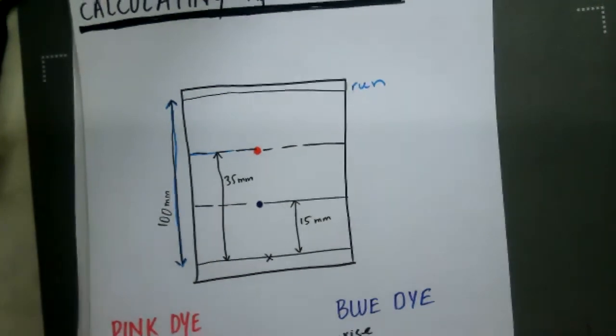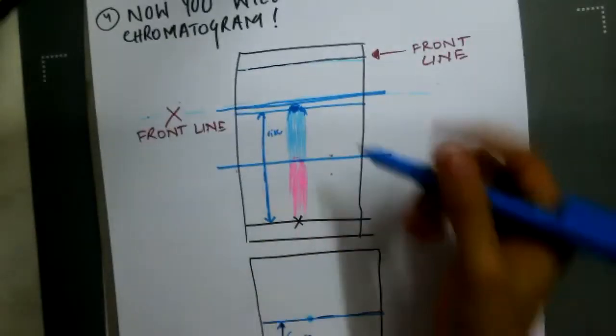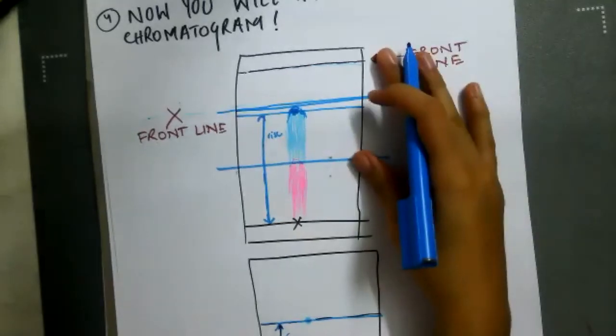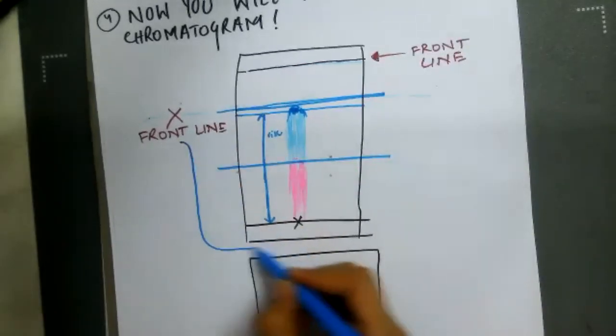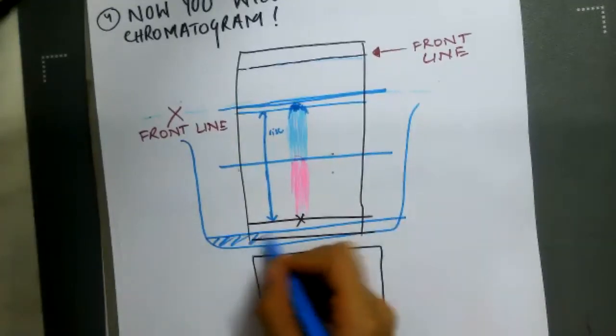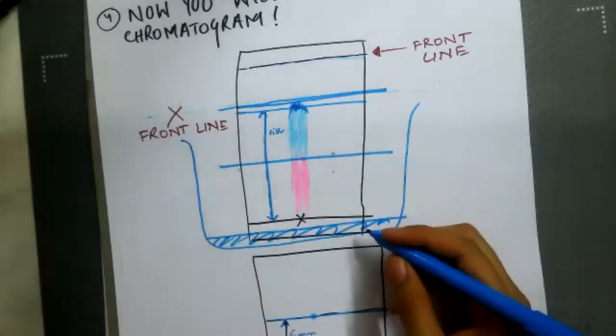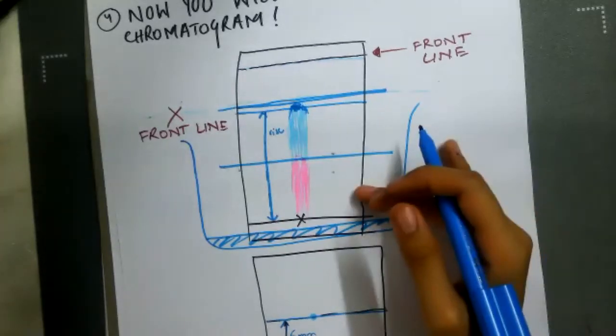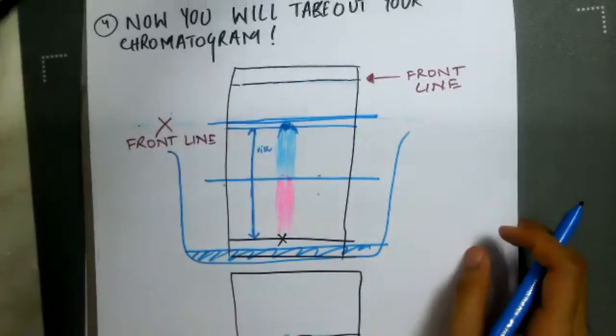So I'll move back to this diagram. Okay, this diagram. If you look at this chromatography paper, this is in a beaker, and the water is here. The water is absorbed by the filter paper. That's the whole point of this experiment.